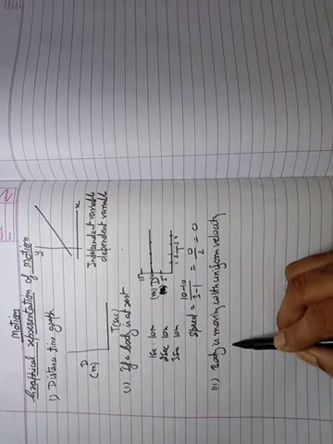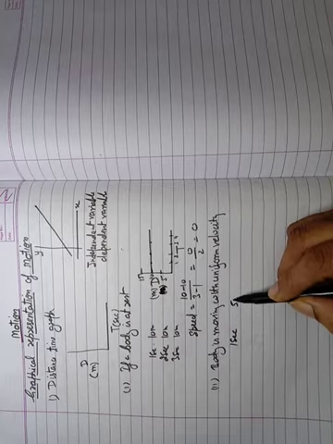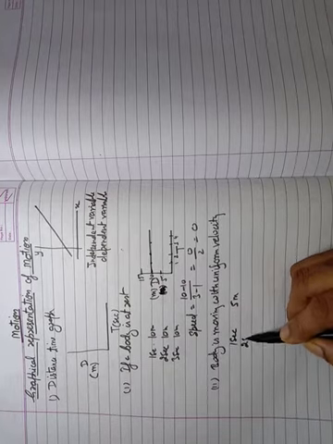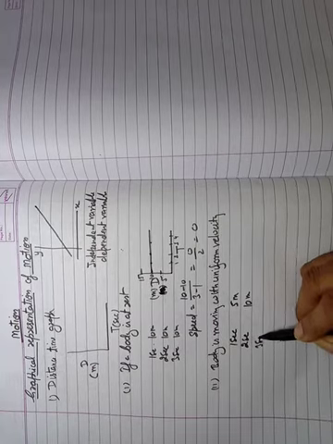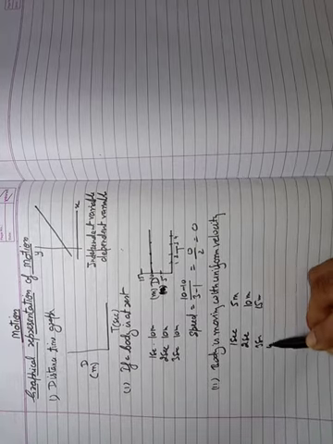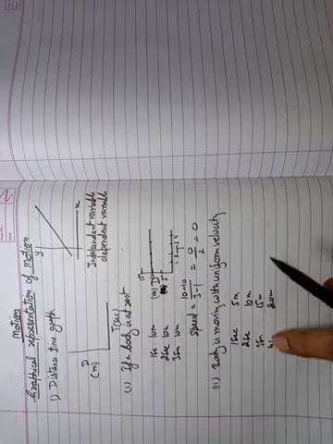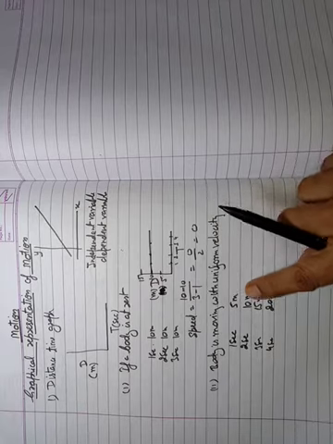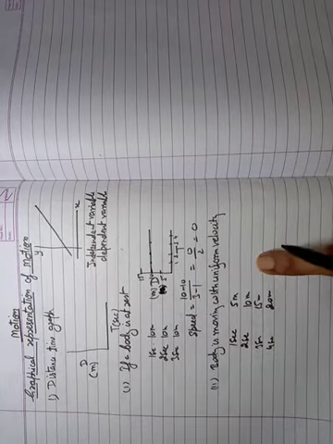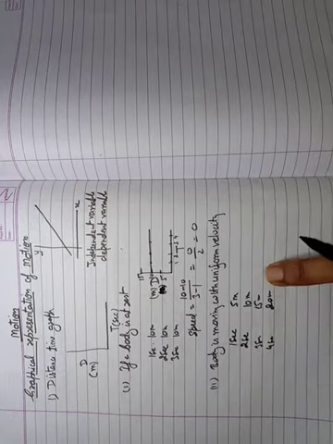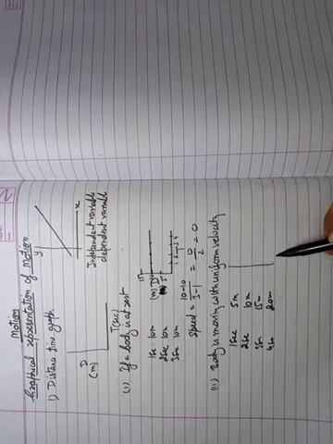Suppose in 1 second you cover 5 meter, in 2 seconds you cover 10 meter, in 3 seconds you cover 15 meter, in 4 seconds you cover 20 meter. So in every 1 second you are covering an equal distance. It means equal distance in equal intervals of time. This type of motion is called uniform motion or uniform velocity. Now show it on a graph.